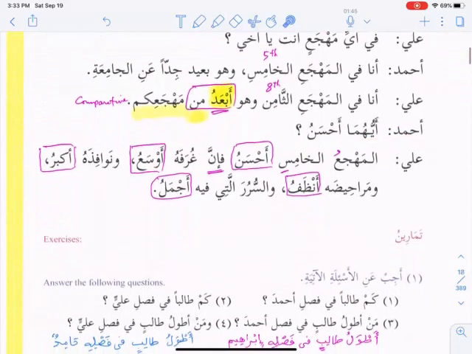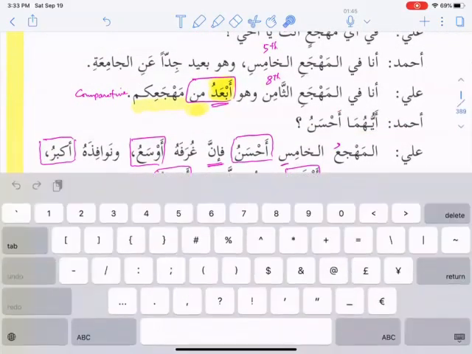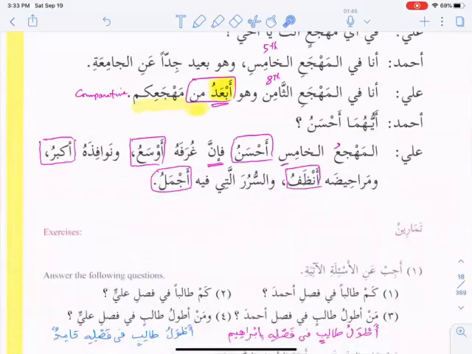Okay. Ali replies, Al-Mahjau Khamisu. Sorry, this is not. Al-Mahjau Khamisu.